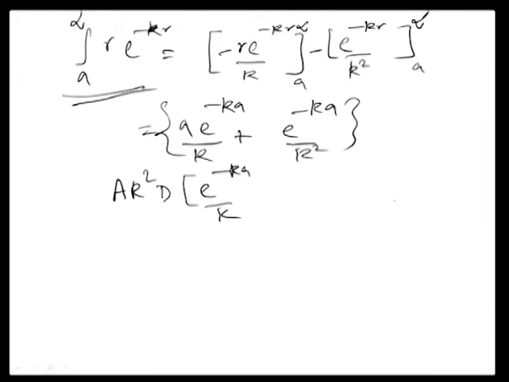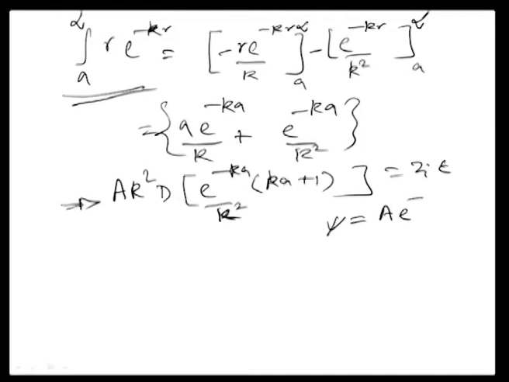So, e to the power of minus ka by k squared times (ka plus 1) equals zie. As you already know, the potential function xi is A e to the power of minus kr by r, and A from here can be found as k squared goes away.